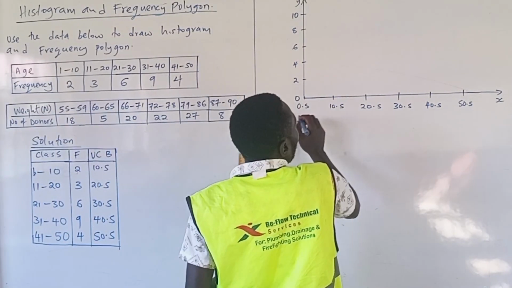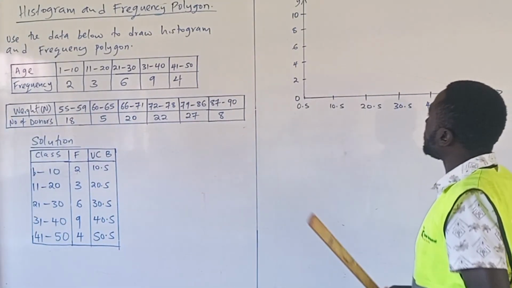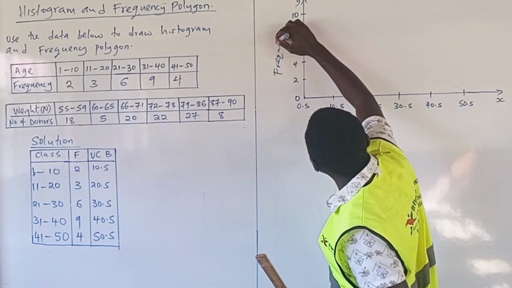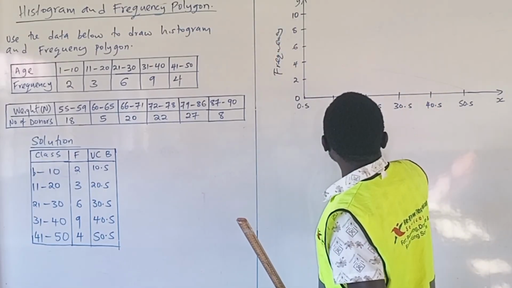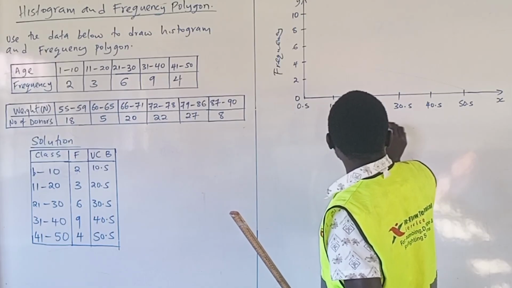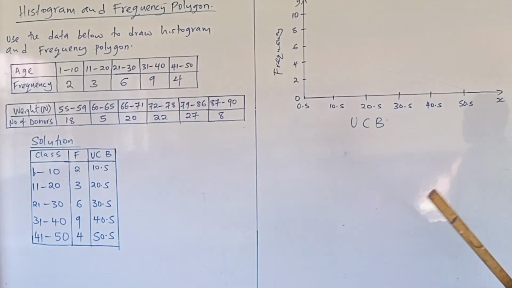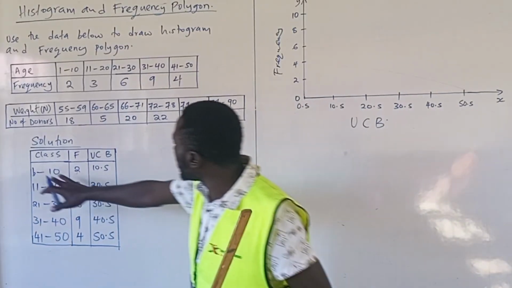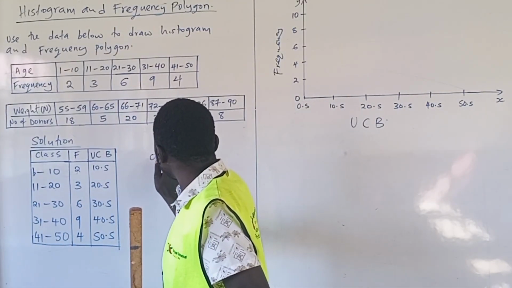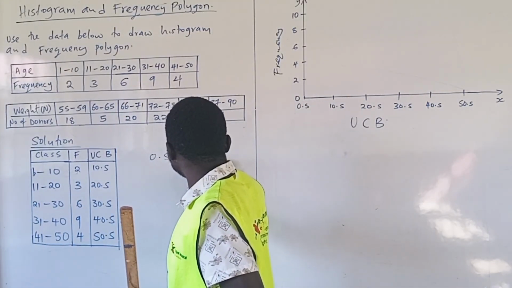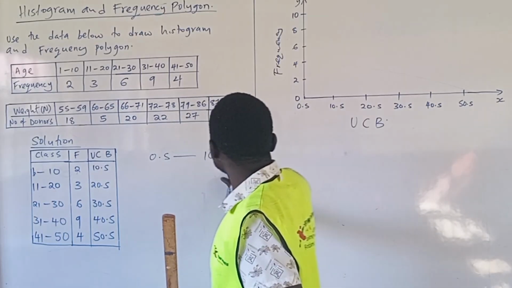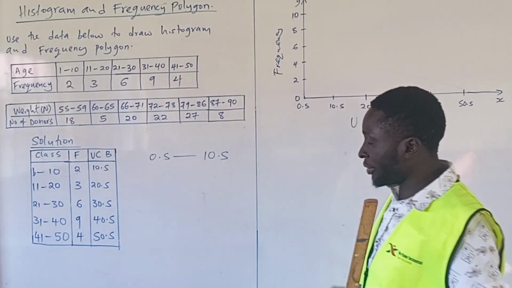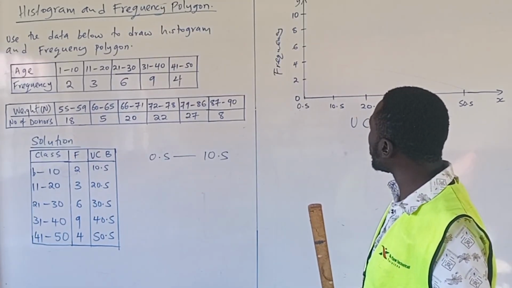You draw a graph, y-axis, x-axis. So this one becomes frequency, and this one becomes upper class boundary. So how do you get the scale? The scale, this one is starting from 0.5 up to 10.5, the starting point. So our graph should start from 0.5, so that our graph does not hang.